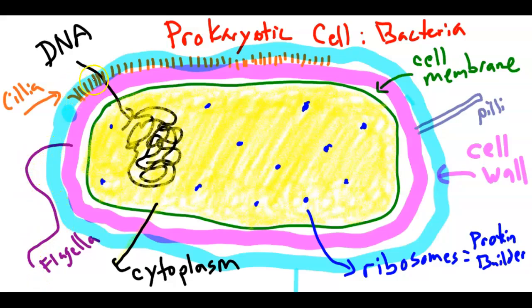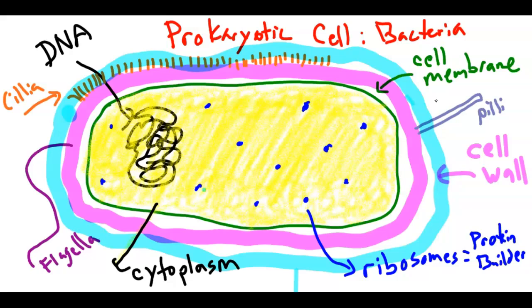Some bacteria will have little tiny hairs called cilia for swimming. All bacteria will have a piece of DNA jumbled up inside. All bacteria will have little tiny dots called ribosomes. And all bacteria will have cytoplasm, where the ribosomes and bacteria float. And sometimes in bacteria, you will see a pili used to exchange DNA for sexual reproduction.